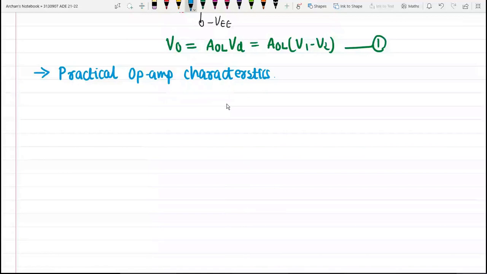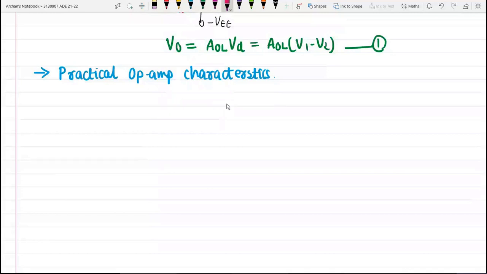The characteristics of an ideal op-amp can be approximated closely enough for many practical op-amps, but basically the practical op-amp characteristics are a little bit different from the ideal op-amp characteristics. So we will discuss various characteristics of the practical op-amp.